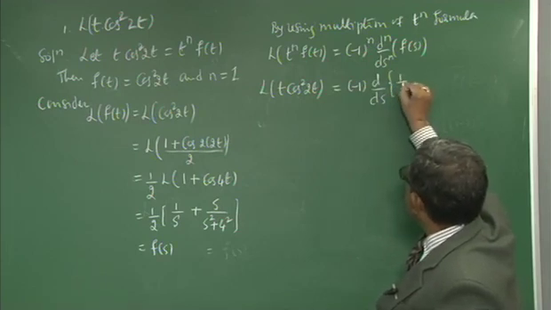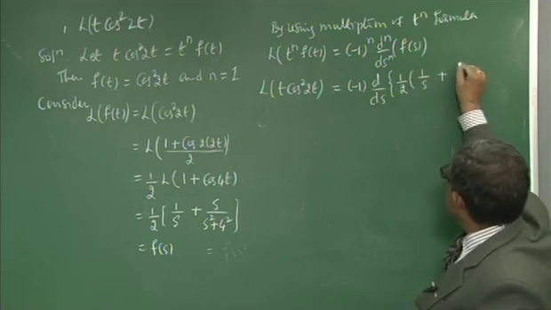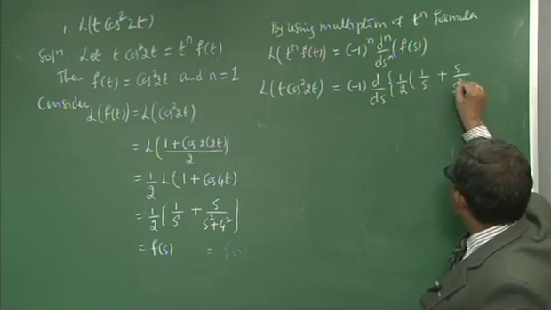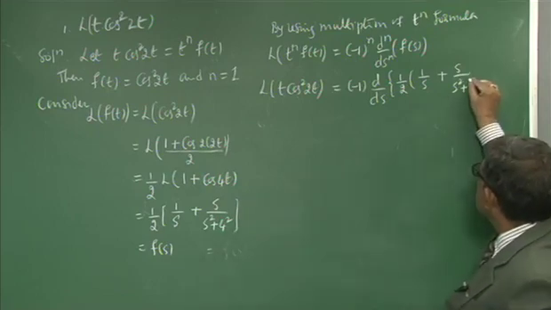F of s is 1 by 2 times 1 by s plus s divided by s square plus 4 square, you can write it as 16.